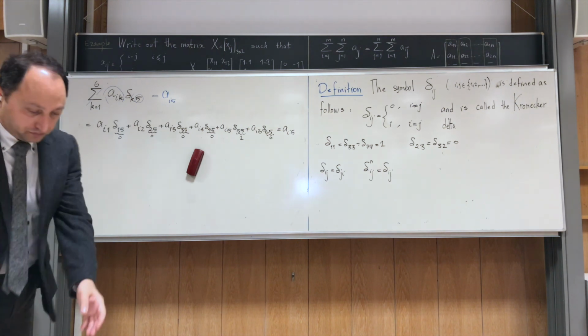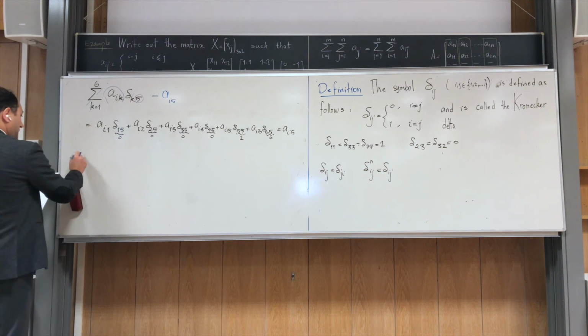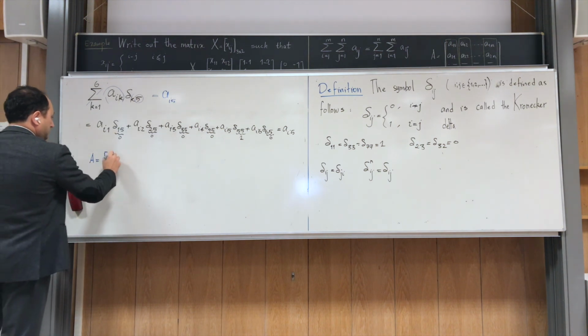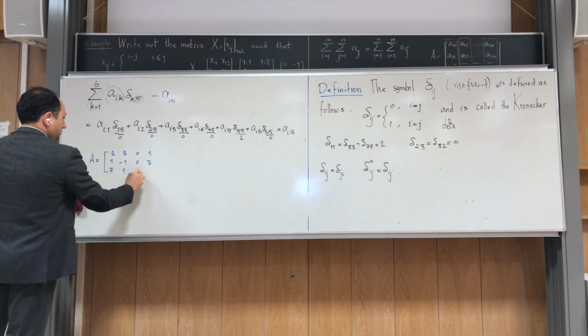Okay. For example, if I ask you to calculate this, assume that you have this matrix A. Let me write 2, 3, 0, 1, 1, minus 1, 0, 7, 7, 1, 2, 1.